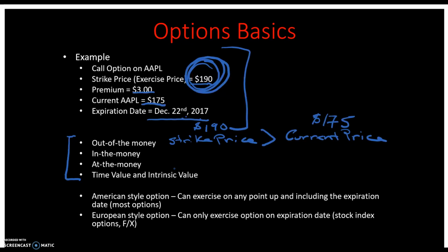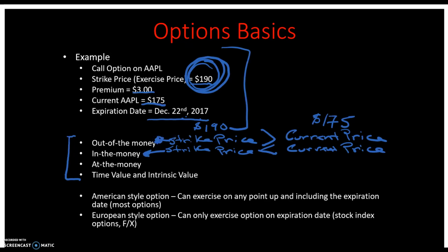And in the money is exactly the opposite way around. So here, the strike price is actually less than what the current price would be. This is for an in the money option here. Okay, so that's for that.